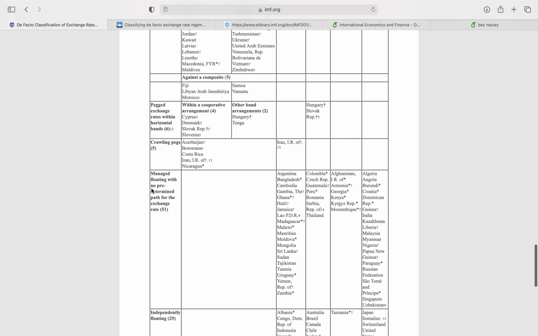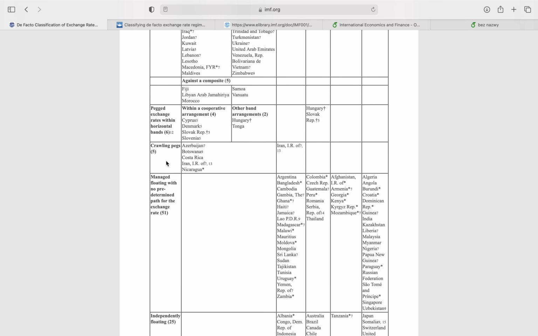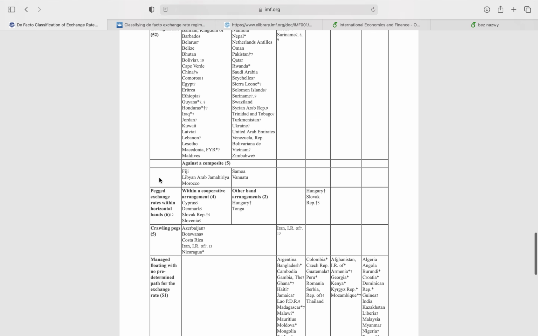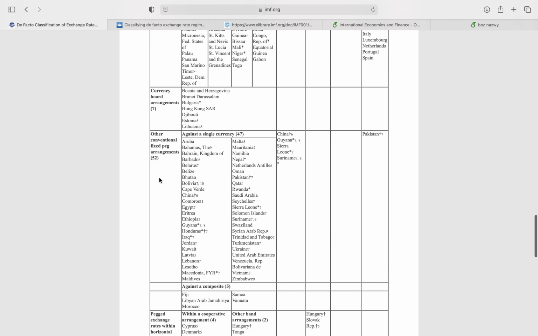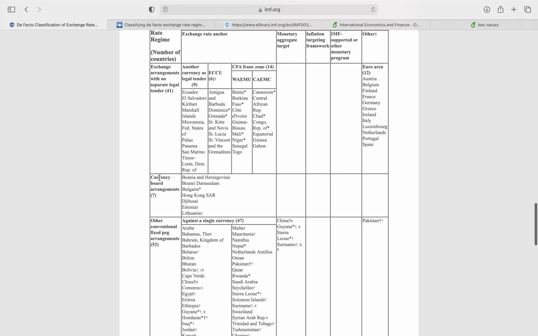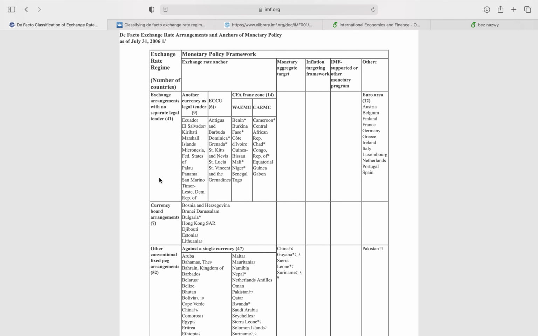Then we've got crawling pegs. Generally, as we go higher and higher, we've got more and more intervention, and we are getting closer and closer to fixed exchange rates.